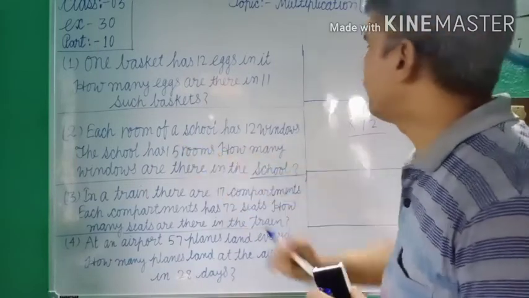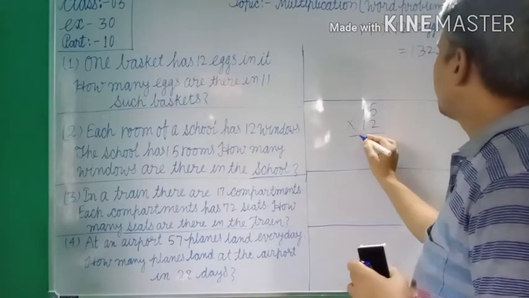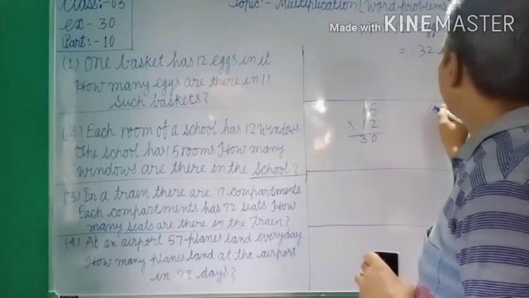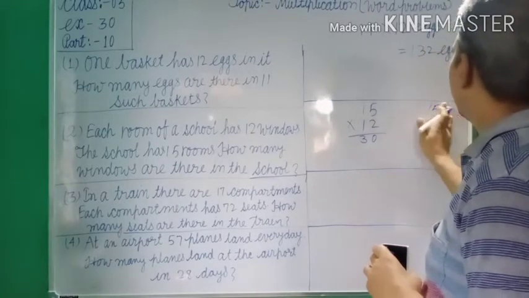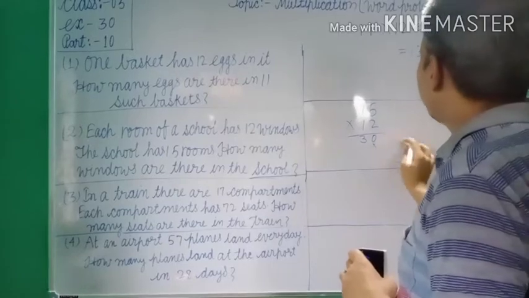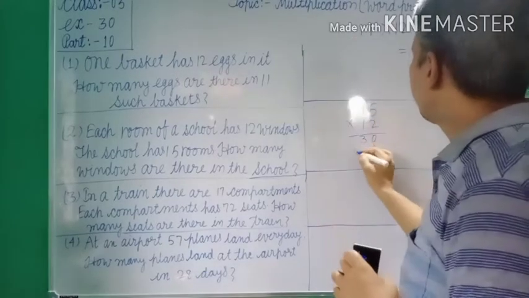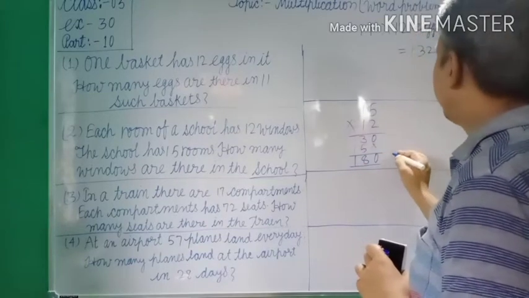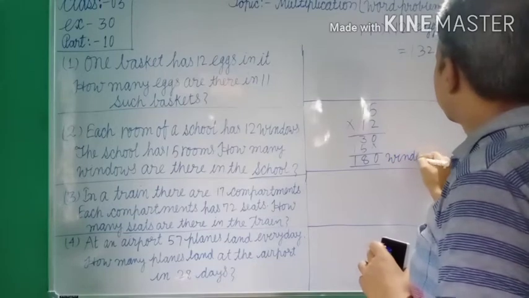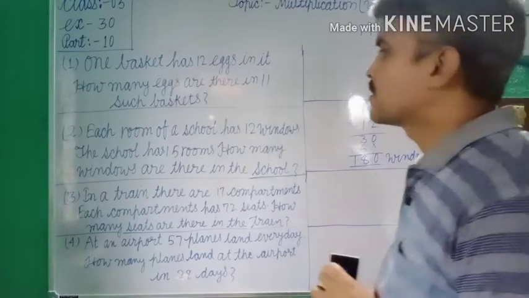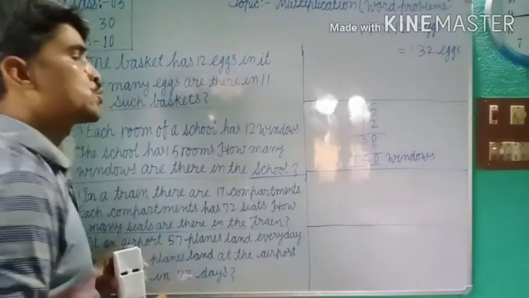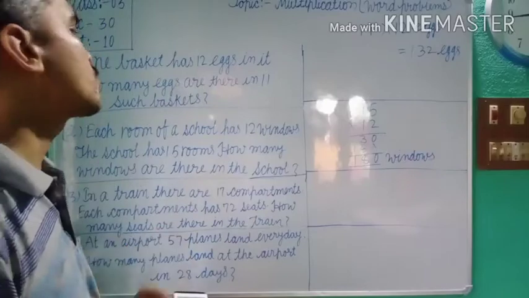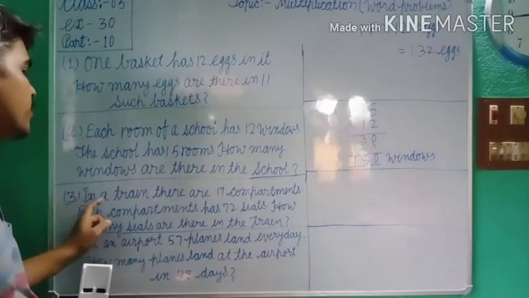You remember the table, so directly 15 multiplied by 2 is 30, and leave one place digit, then 15 plus 15 gives 180. 180 windows are there in the school. In this way you find the number of windows in the school.